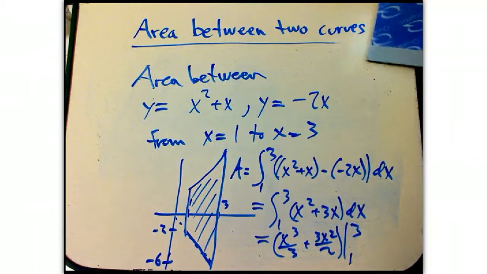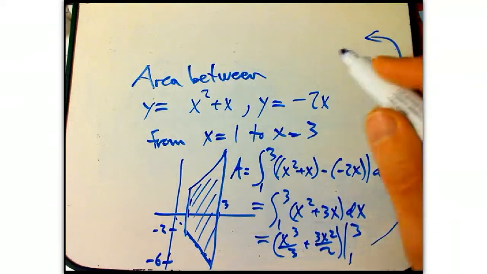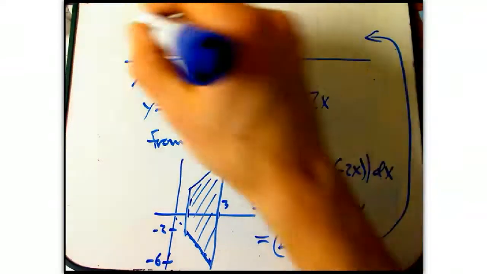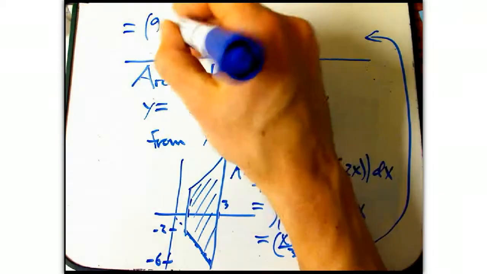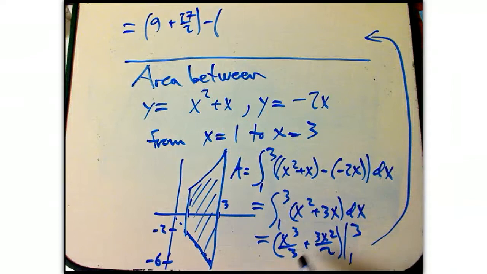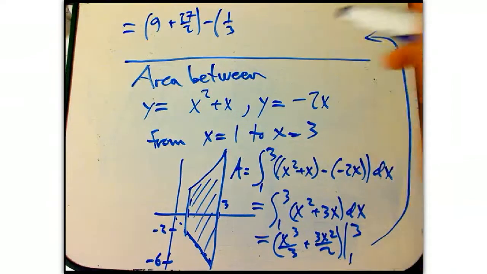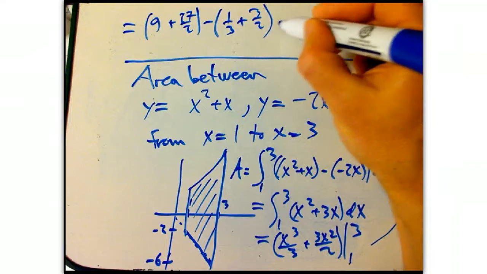And I can't quite fit it in. I'll slide it in up here. Which is going to be 3 cubed over 3, which is 9, plus 27 halves, minus 1/3, plus 3 halves, which is some number of sixths.